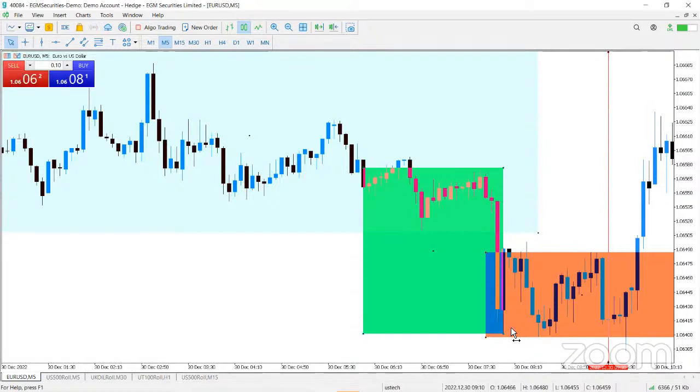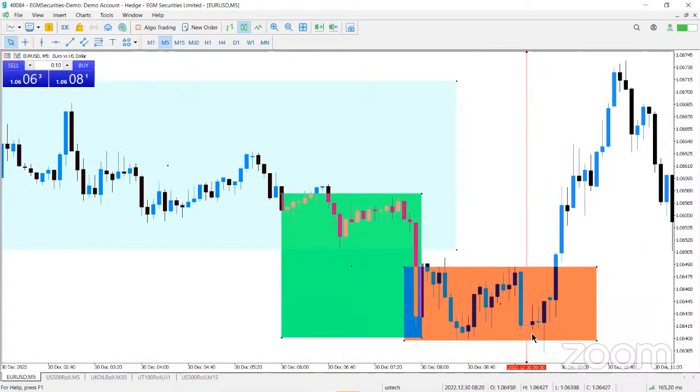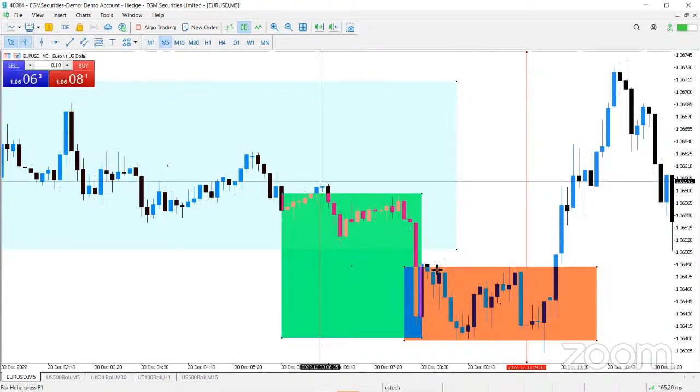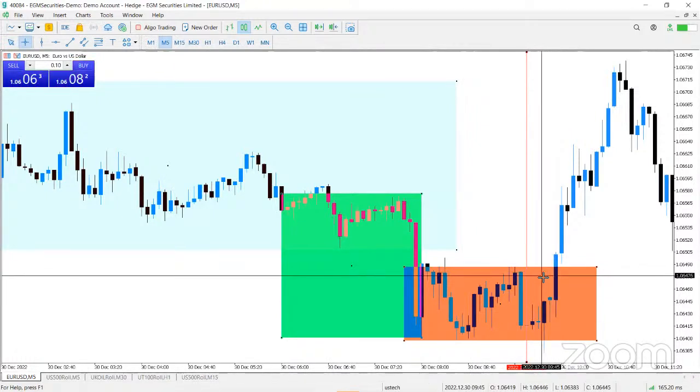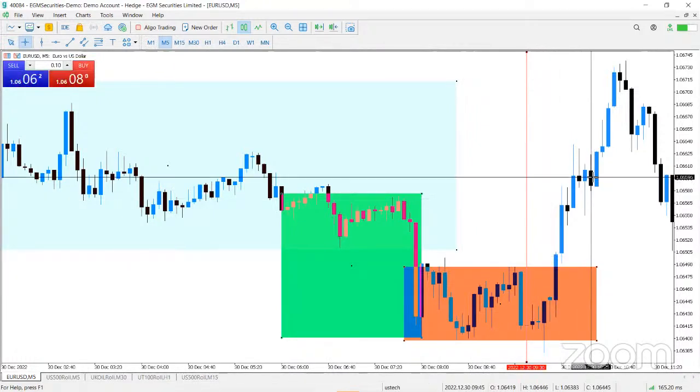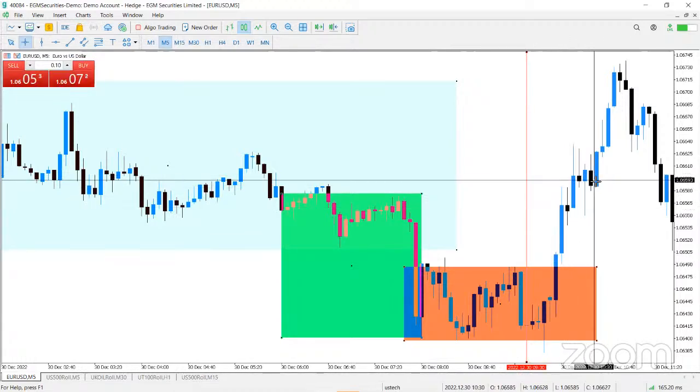Then what happens? We get into a consolidation at this point, and then at 9:30, 9:45, when the market is opening for the London session, I think from around here, that's when we get our breakout trade. And this breakout has no retest. So it was a complete breakout trade. And that's when you apply the concept of breakout.